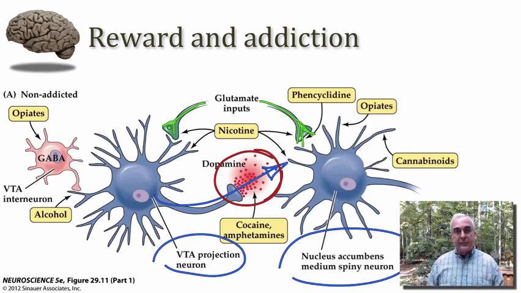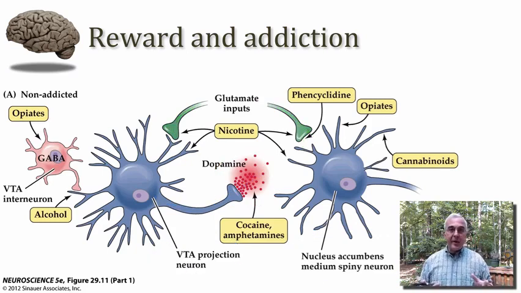Now, what's meant to be depicted here in this slide is really, I think, a remarkable feature of the neuropharmacology of the system, and that is at just about every dendrite that's relevant in this circuitry, there are receptors expressed for virtually all known drugs of abuse that human cultures have ever discovered.